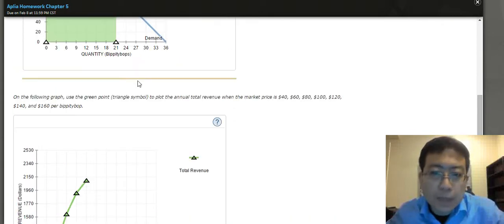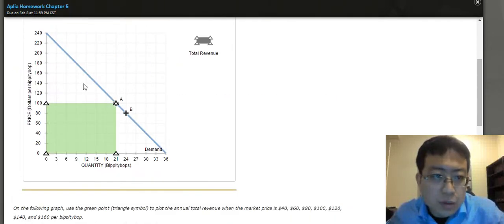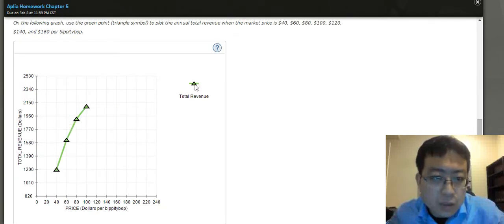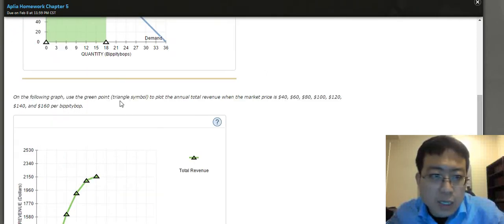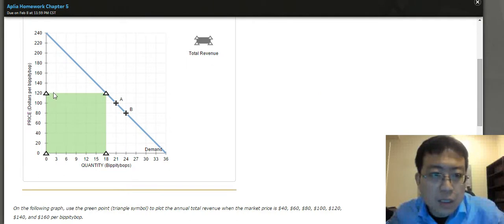There we go. And next one is 120. So increase to 120, go back to the demand curve and click on it. So that'll be 2160. So 120, 2160.